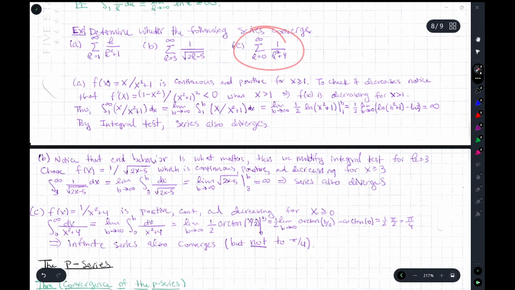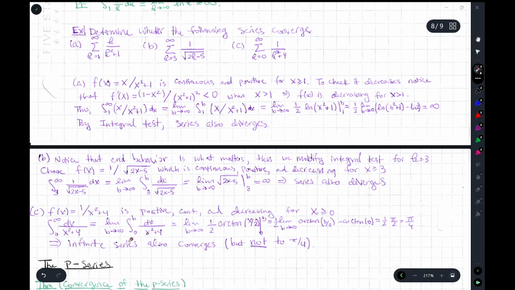Well, what about this guy? Again, the terms go to 0. The divergence test is inconclusive. These terms go to 0 when k goes to infinity. So here's the function that we could use that will equal the terms when we plug in integers. It's positive, it's continuous, and it's intuitively decreasing for x greater than or equal to 0.